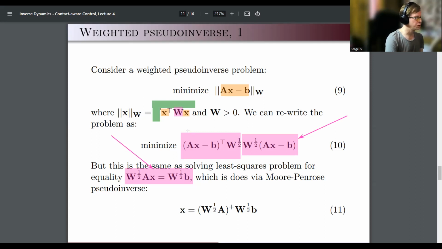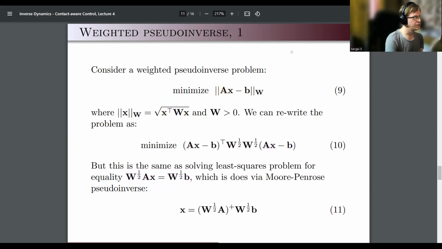But we know the solution to the least square problem. The solution to the least square problem is always the Moore-Penrose pseudo-inverse. So we pseudo-invert this matrix and multiply the right-hand side by it. That's it.